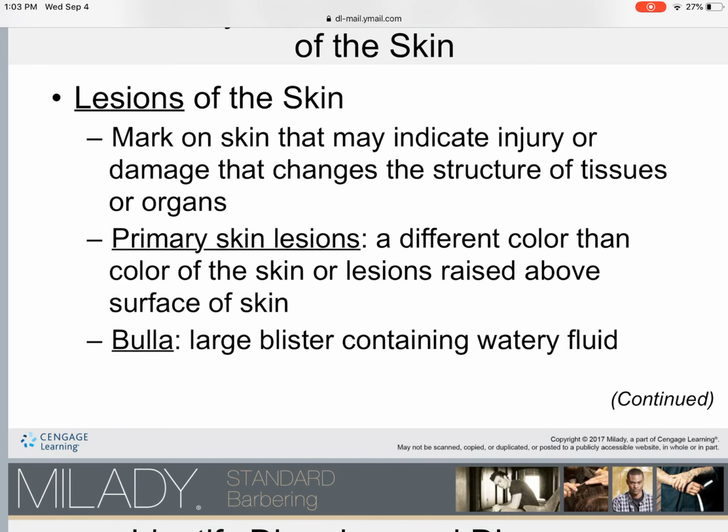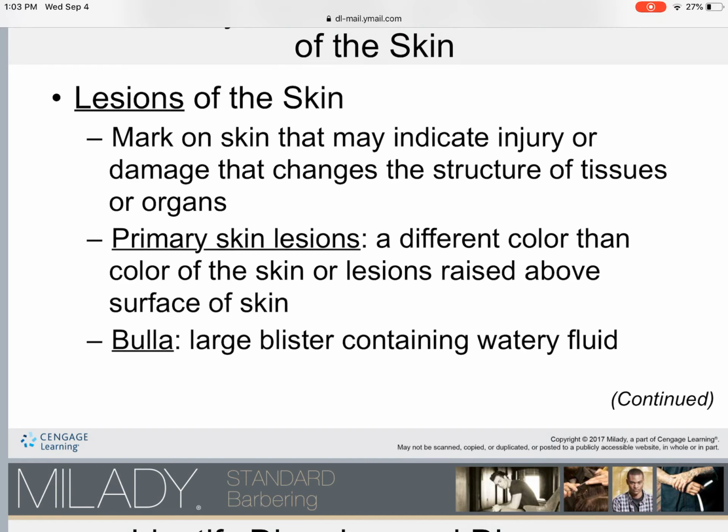Nodule, a solid bump larger than 4/10 of an inch that can be easily felt. Examples are swollen lymph nodes. Papule, a small elevation on the skin that contains no fluid but may develop pus. Examples of a papule are acne, warts, or elevated nevi.